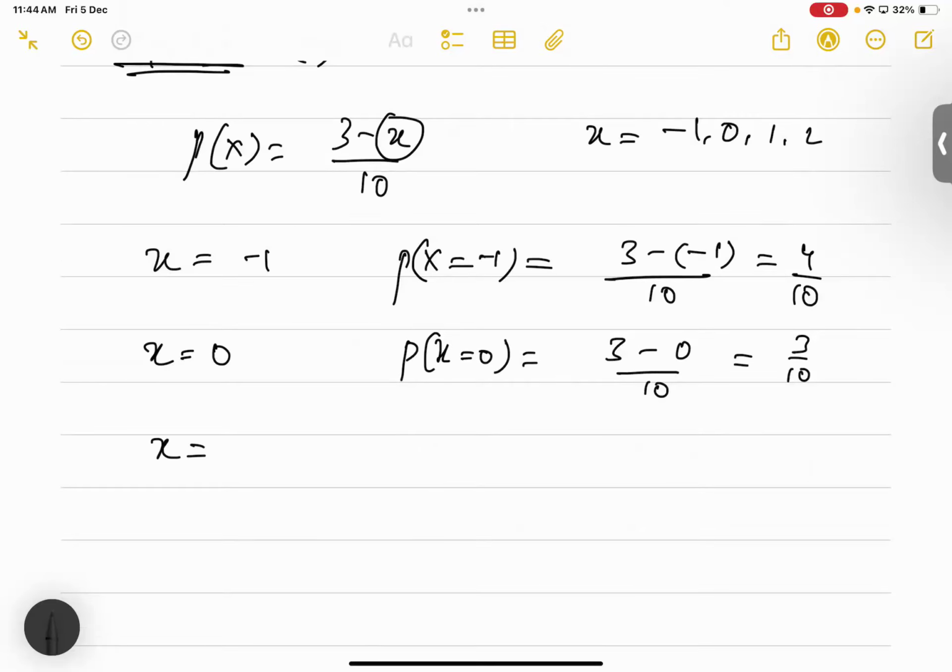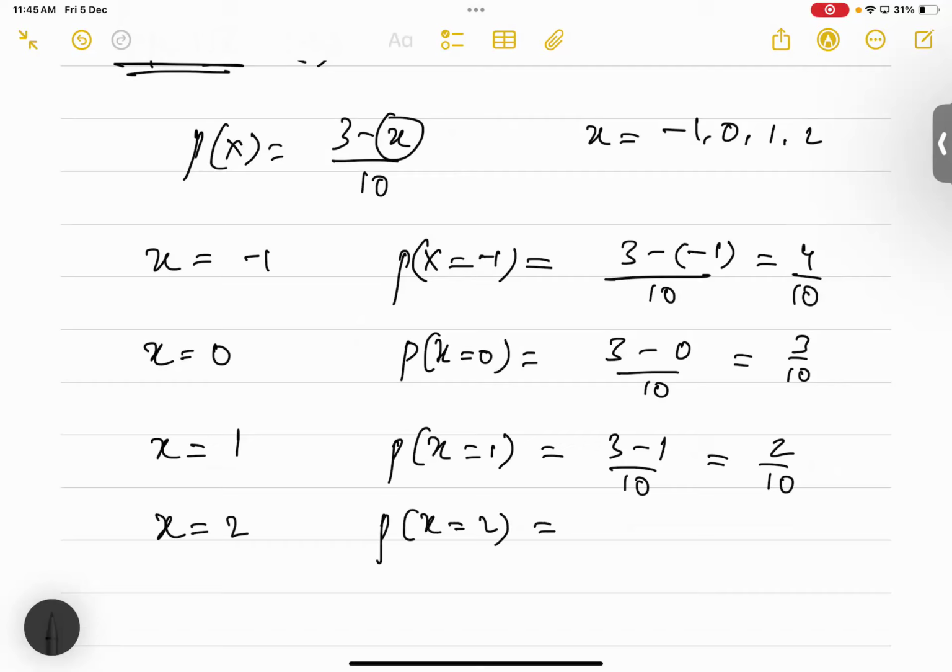X is equal to 1, P of X is equal to 1, 3 minus 1 upon 10, 2 by 10. When X is equal to 2, P of X is equal to 2, 1 by 10, correct?